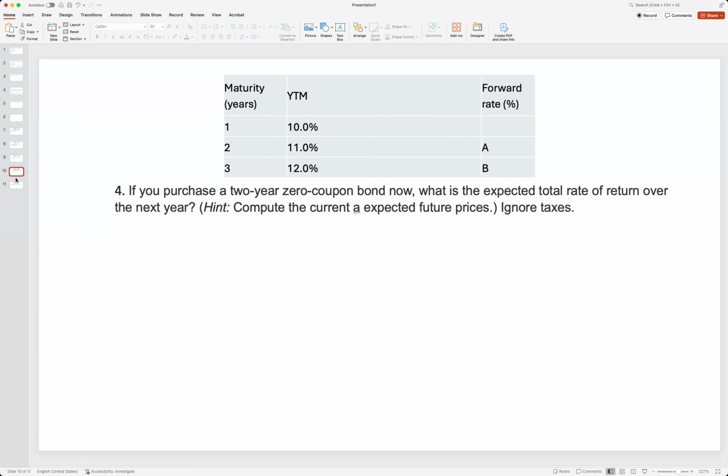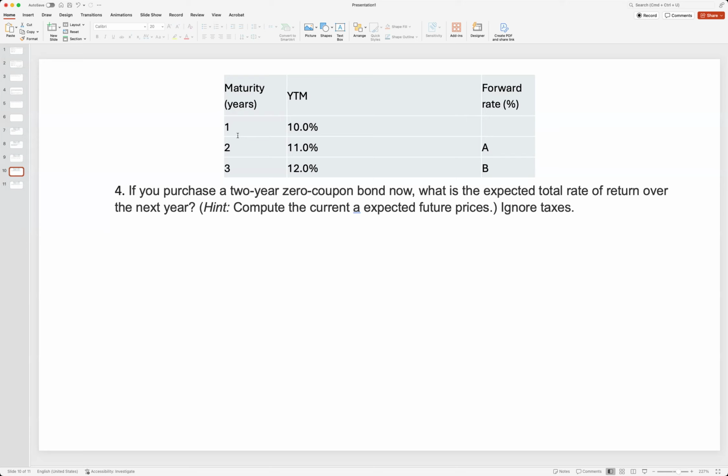Question 4. If you purchase a 2-year zero bond now, what's going to be the expected total rate of return over the next year? So you buy this 2-year bond today, but instead of holding it until end of year 2 to earn the yield to maturity of 11%, you decided you're going to sell it at end of year 1.